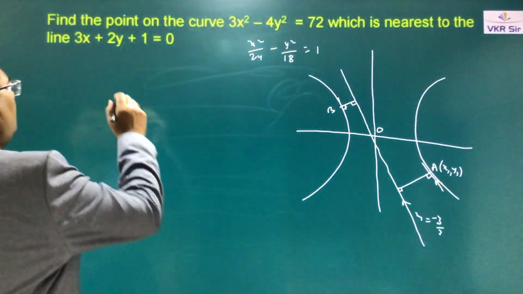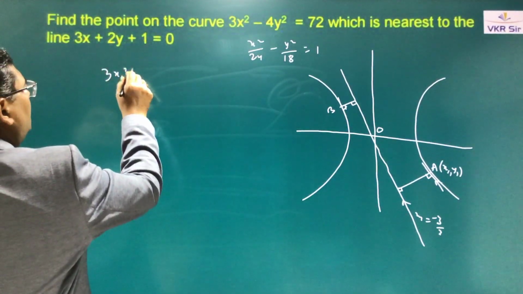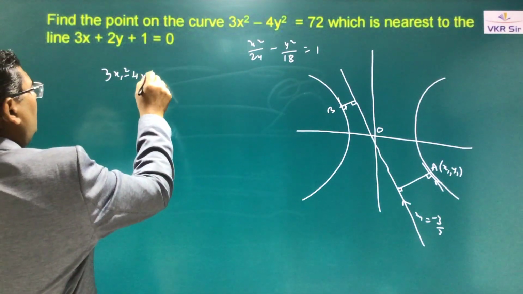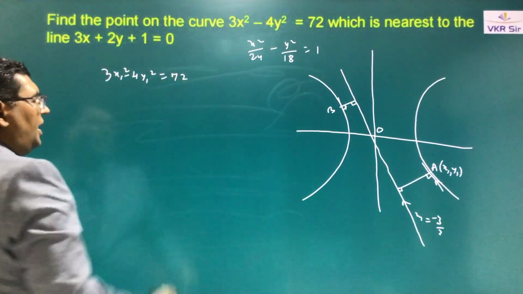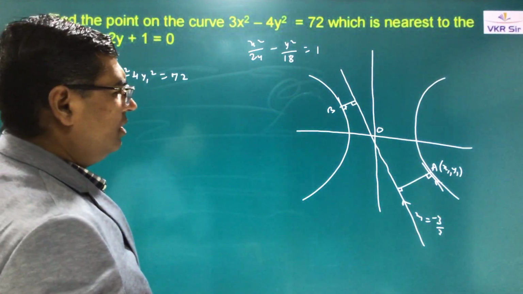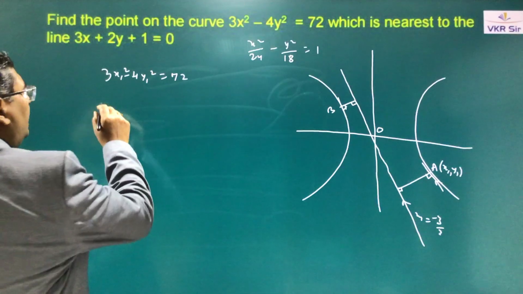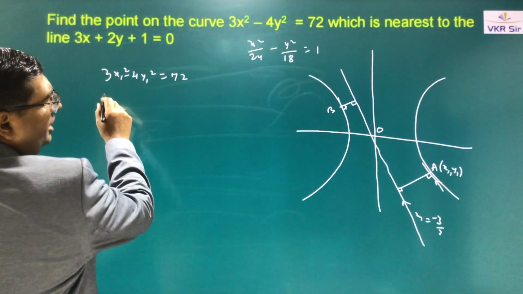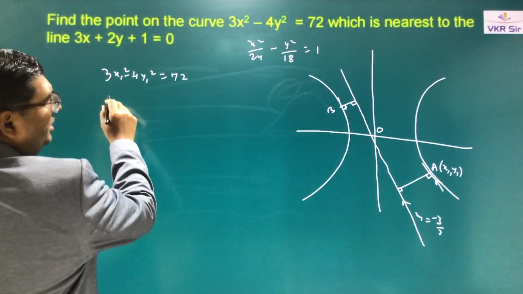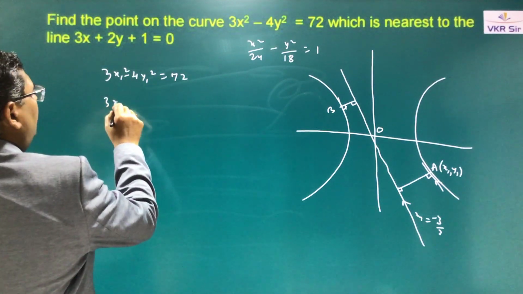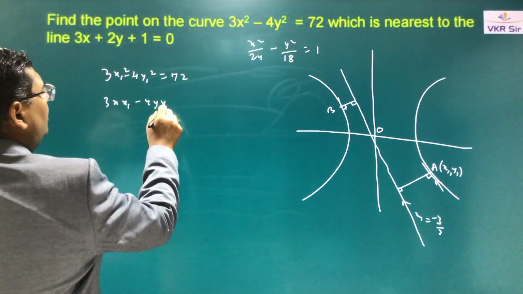Now this x1 comma y1 will satisfy our curve equation. And another thing, we can get the slope of the tangent there. How do we write the equation of tangent at A? We can write it like this: 3x1 minus 4y1 equal to 70.